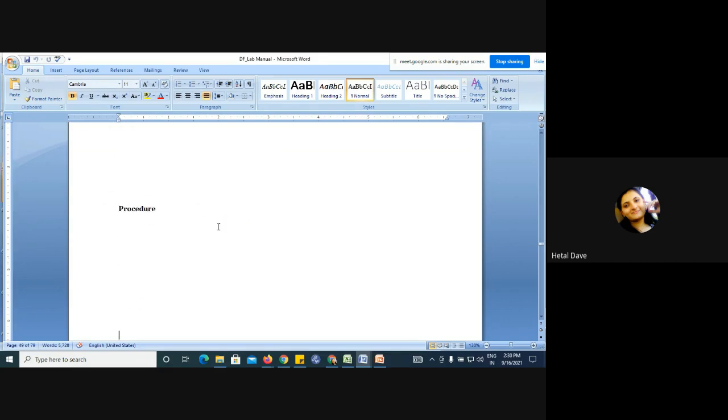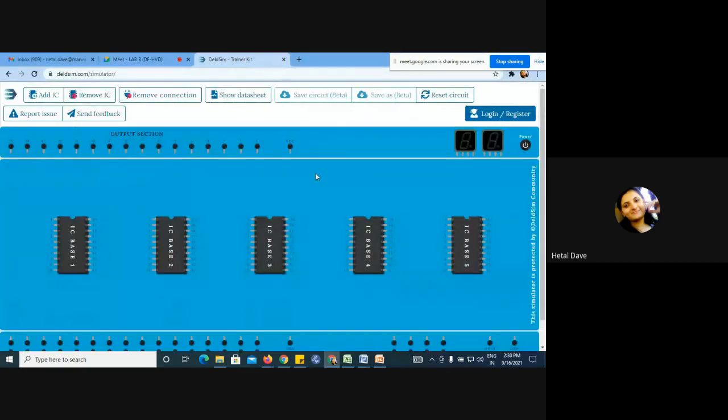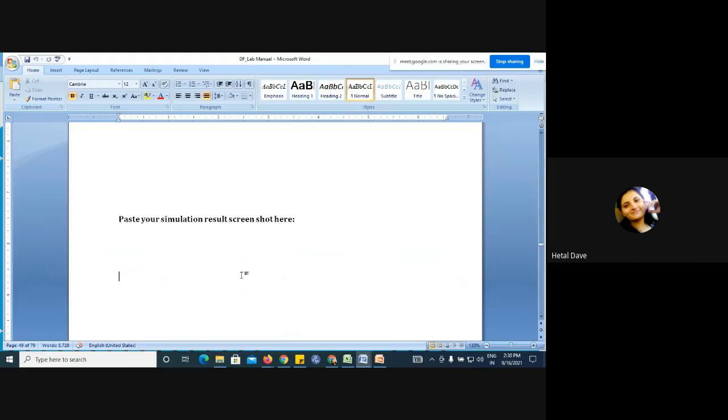Then you should type the procedure. Then paste your simulation result screenshot here. It means you will open this kit, you will make a connection, you must have the right output, and your simulation work photo should be pasted in this given place for both encoder and decoder.